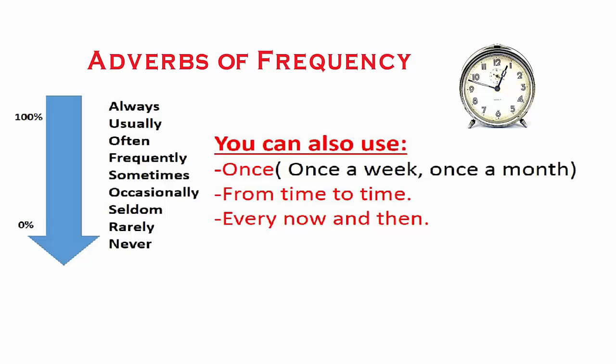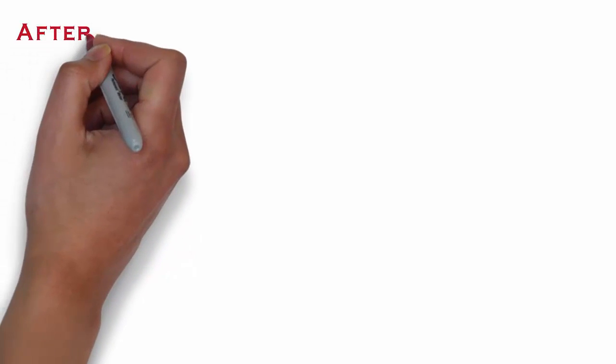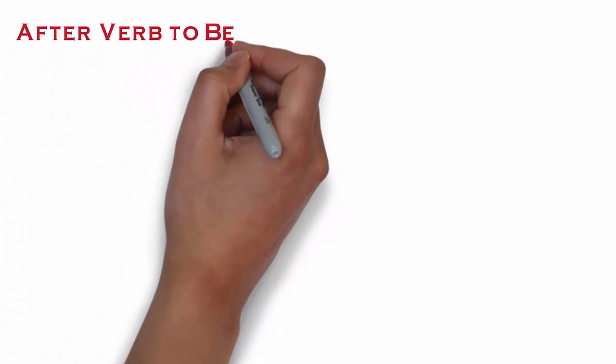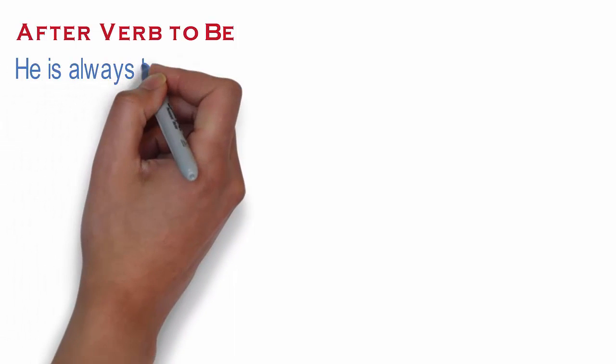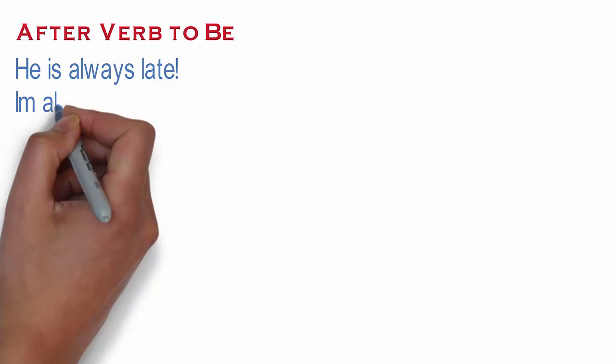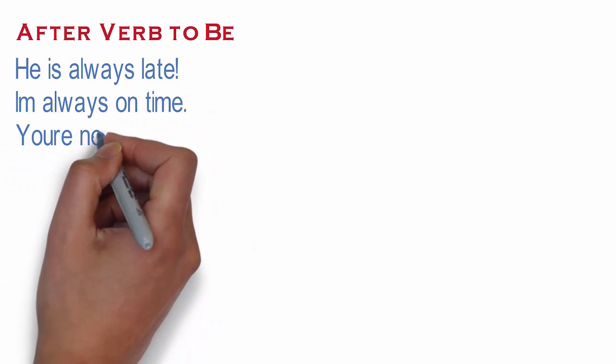Okay, how can we use adverbs of frequency? Where should we put them in the sentence? We have two places. First, with verb to be. For example, he is always late. I am always on time. You are never satisfied.